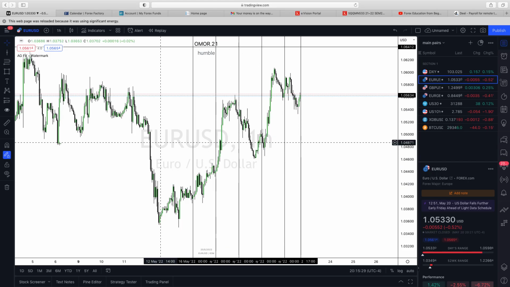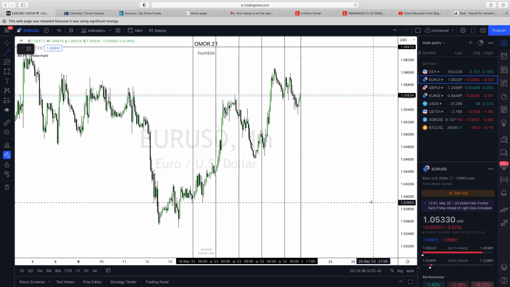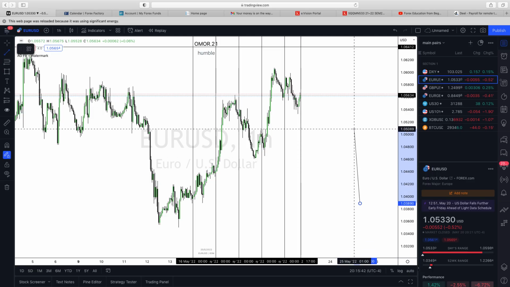So this weekly candle looks like this. Let me do it like this actually.